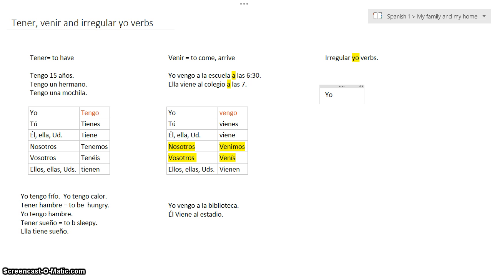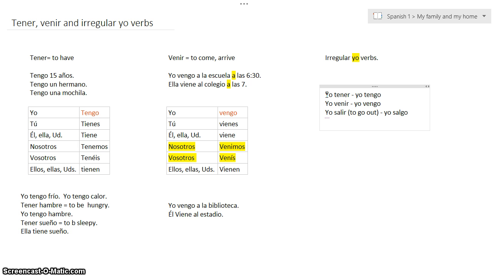So yo tener would be yo tengo. Yo venir would be yo vengo. Yo salir, and salir means to go out again. So if you want to say I go out, you'd say yo salgo.